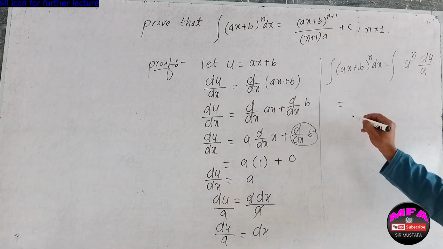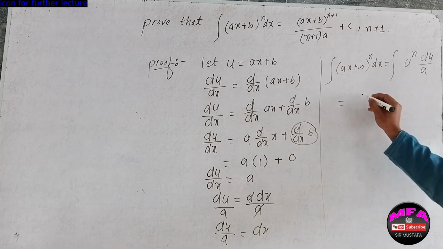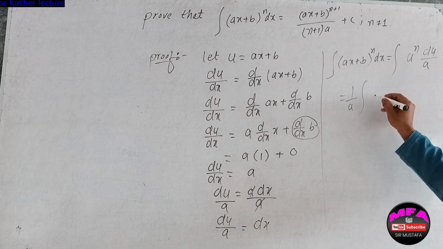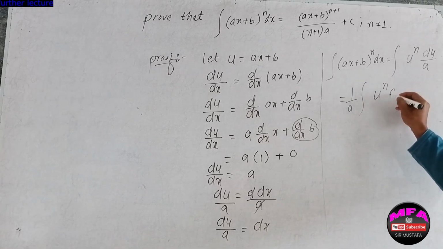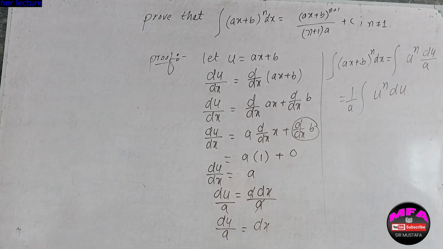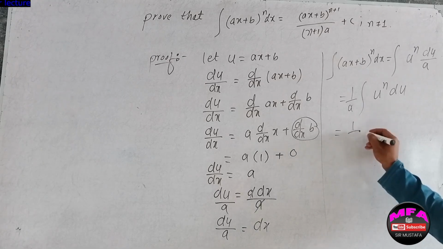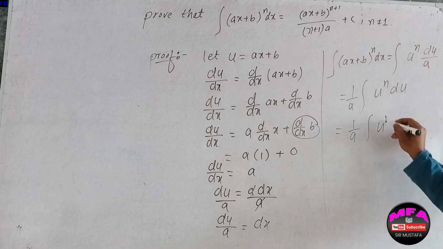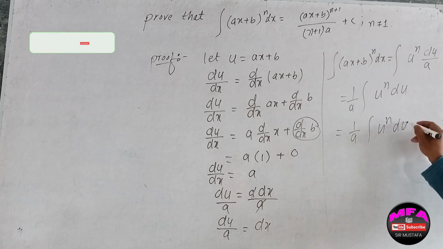So we can also write this in the form of 1/a times the integral of u^n du.